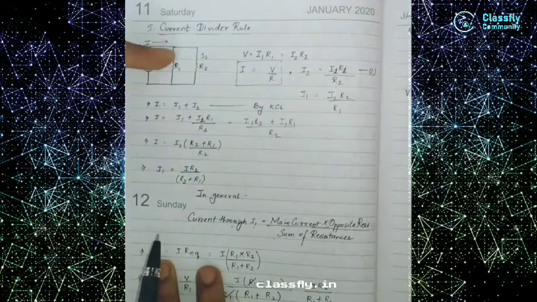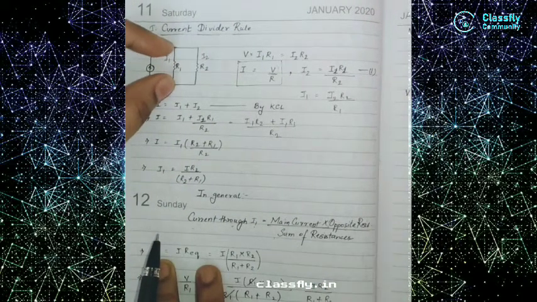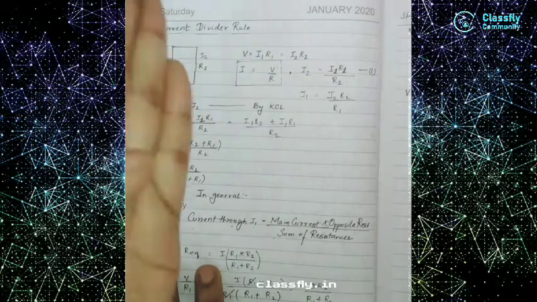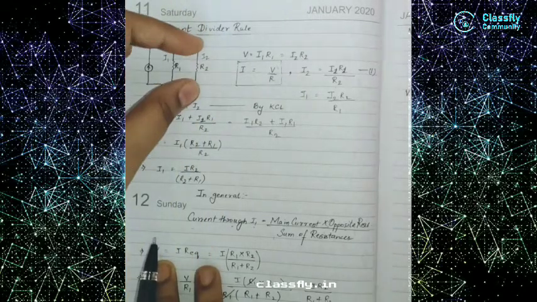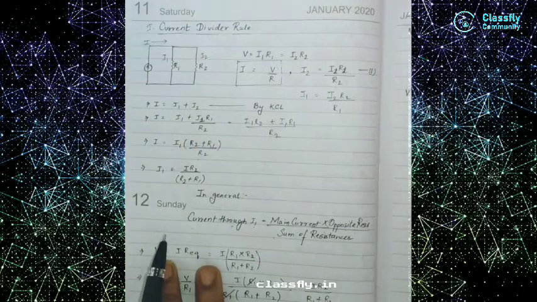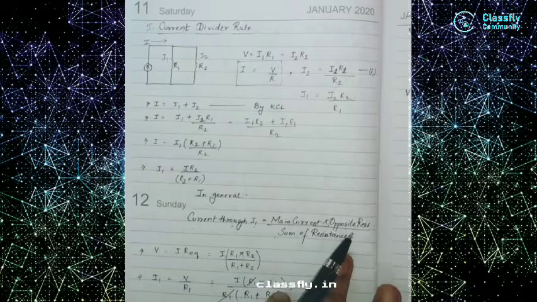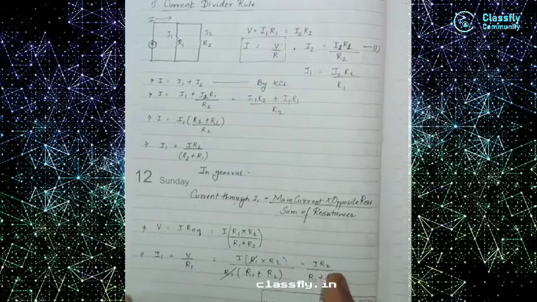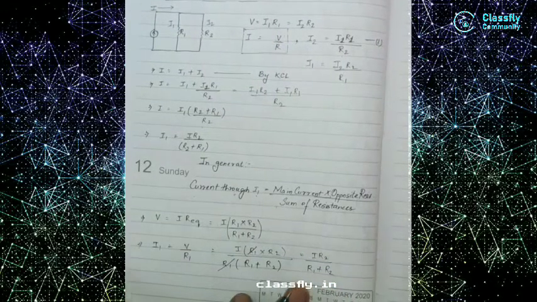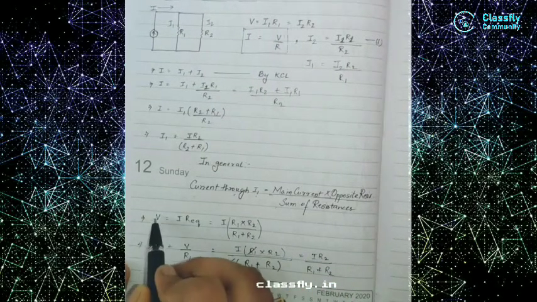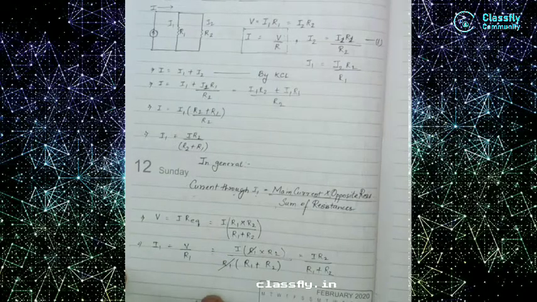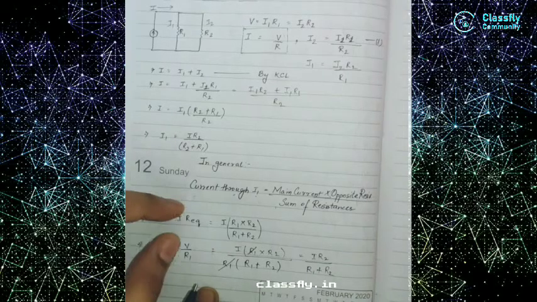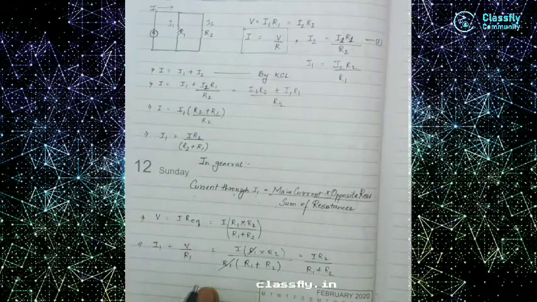That means the resistor parallel to it, that is R2, we take that resistance, and the summation of both of the resistances. You can also find the current divider rule this way. See, we know that V is equal to I, that is Ohm's law. So my total voltage, my total current, and I will take R equivalent.